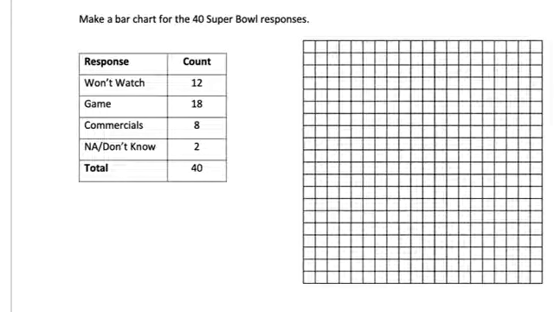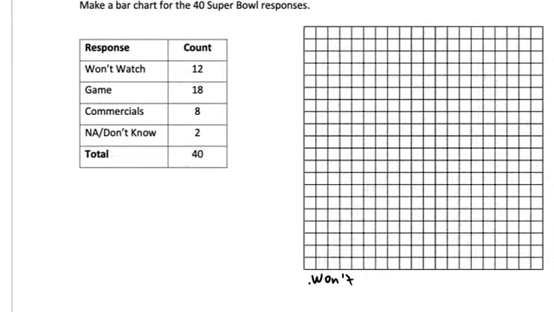So we're going to practice drawing these by hand, which, like I said, you're not really going to have to do a whole lot of, but just to kind of refresh your memory. So I'm going to have my different bars down here. We'll have a bar for won't watch, a bar for the game, a bar for the commercials, which I'll abbreviate, and then a bar for NA.